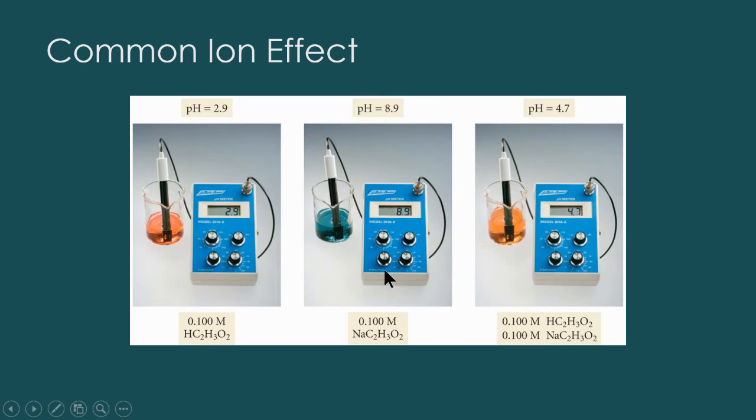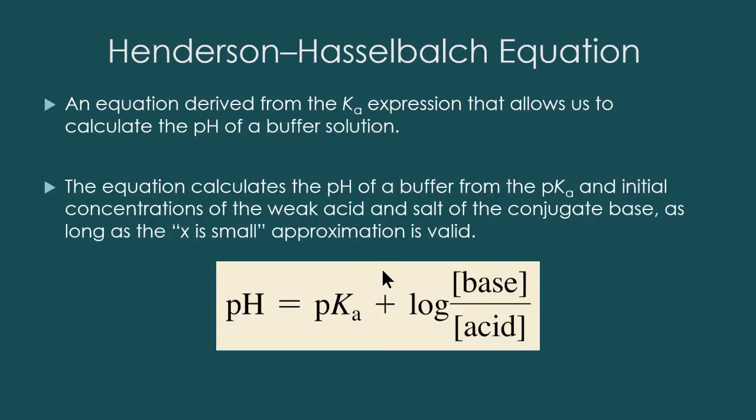Now, another way of explaining this is using the Henderson-Hasselbalch expression. Remember in the last session we used the Ka expression. This time we're going to be using the pKa and the log of the base over the acid.